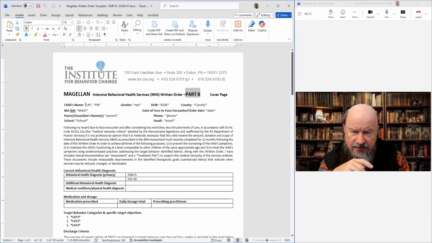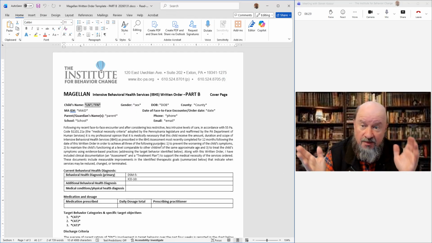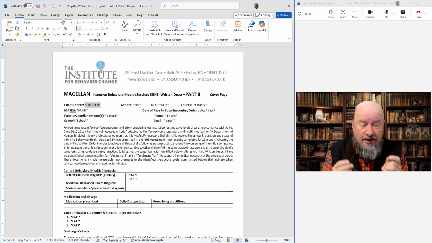And you can see up here you've got the usual stuff, last name, first name, and please understand when you put the name in, you want to put last name, comma, first name, because when a child has an unusual or atypical or unfamiliar first name, and sometimes their first name looks suspiciously like a last name, the only way to sort that out, especially for somebody who's never met the child before, is to put last name first, comma, first name, and that clears up all the doubts.